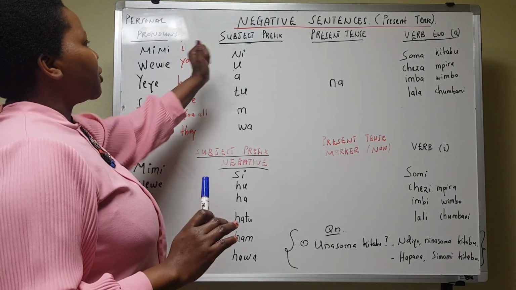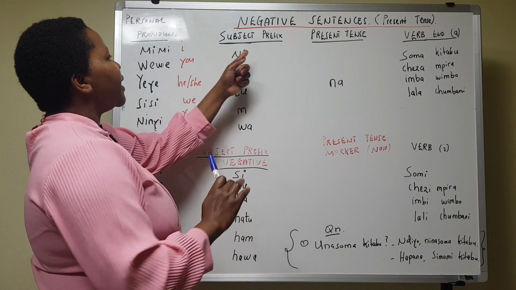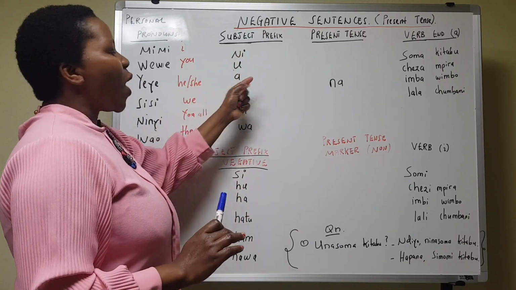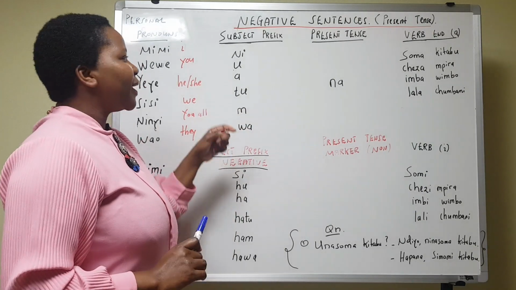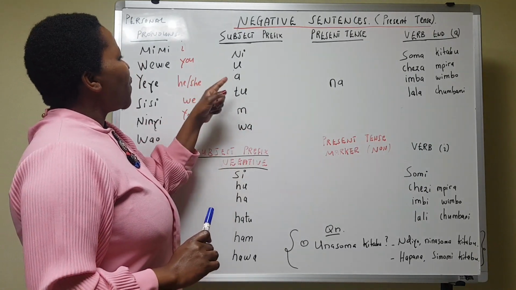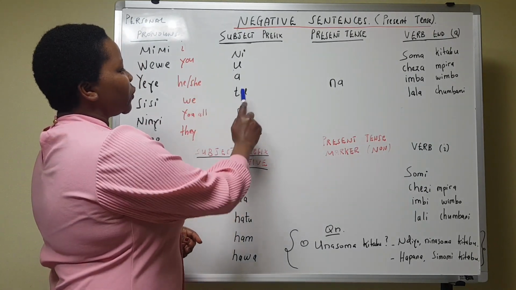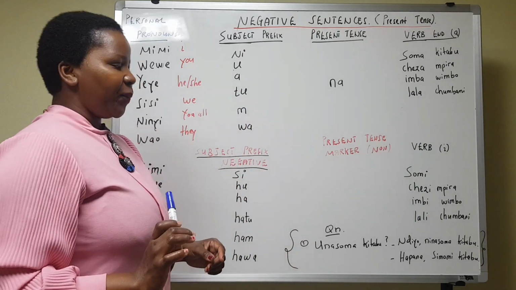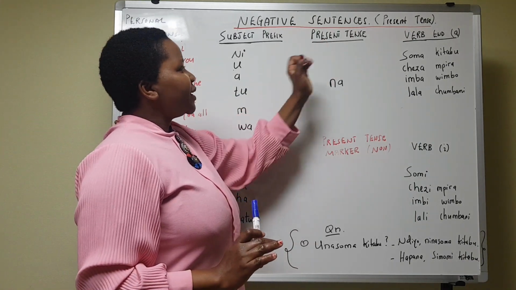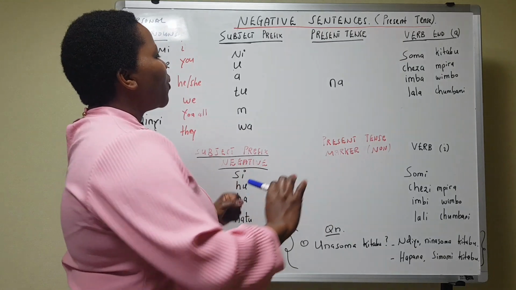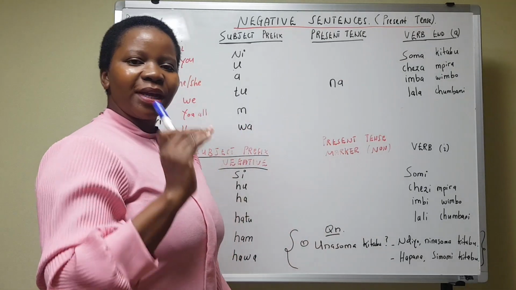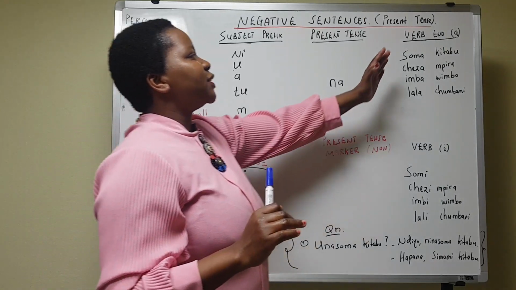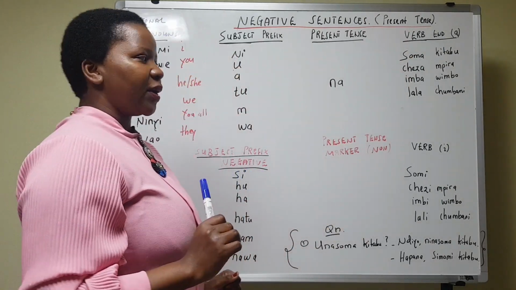And subject prefixes, we have ni, u, a, tu, m, wa. And for present tense, we will use only na. This na represents present tense. And we have verbs, okay?